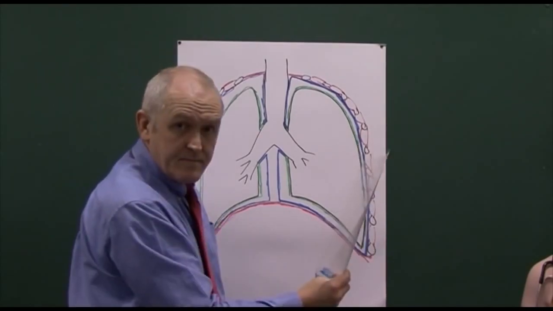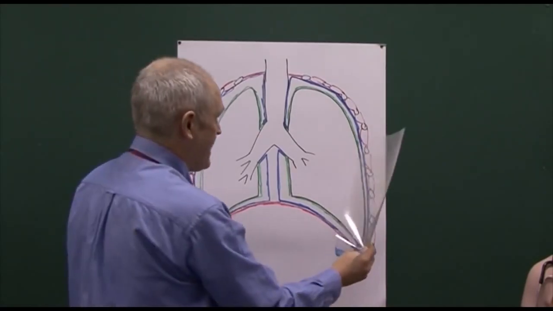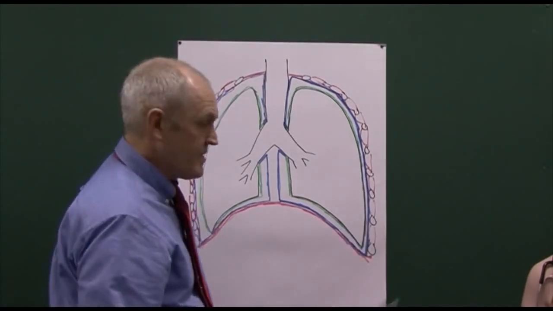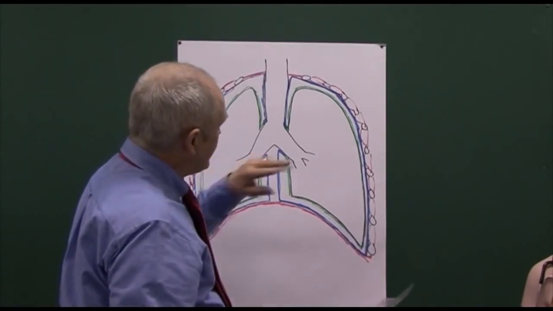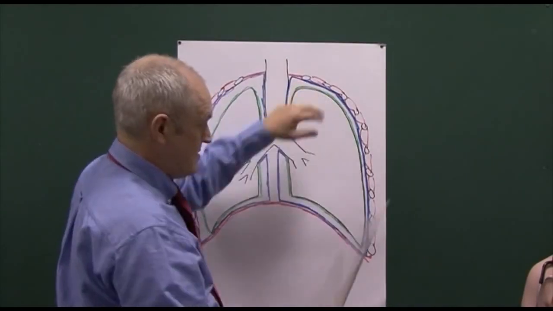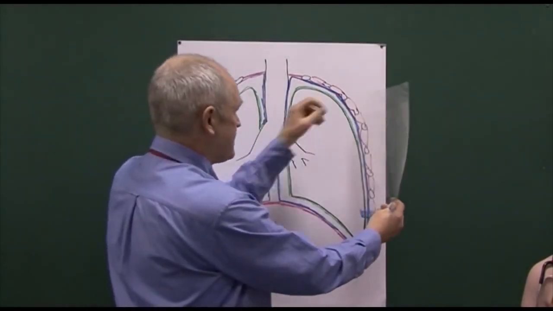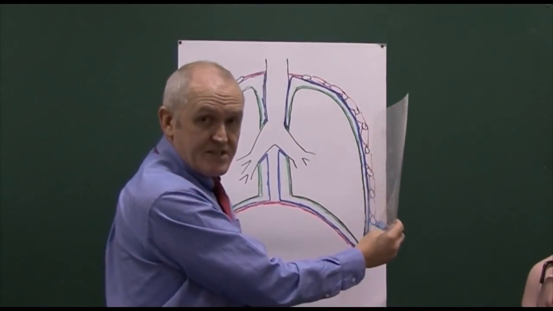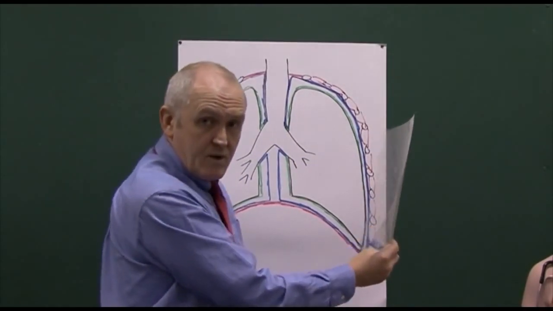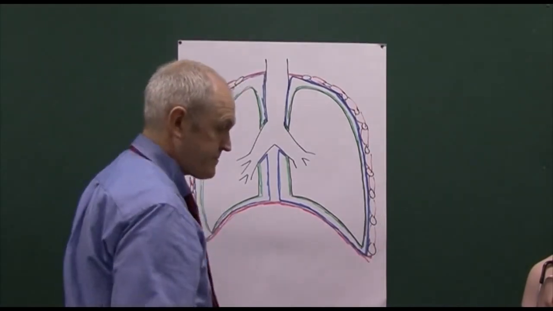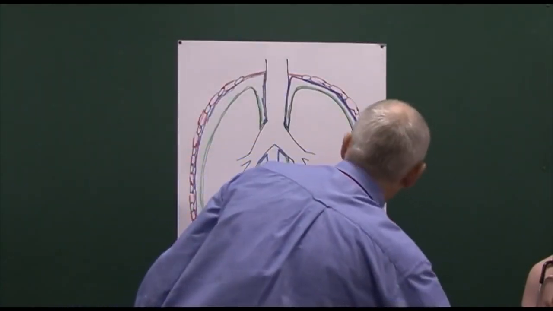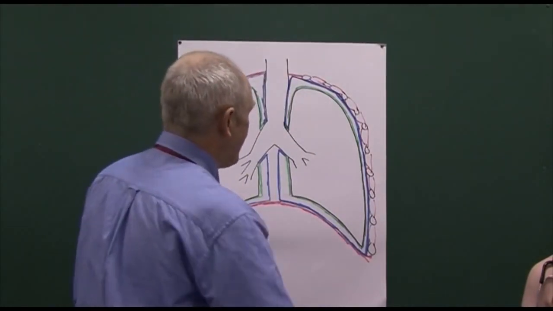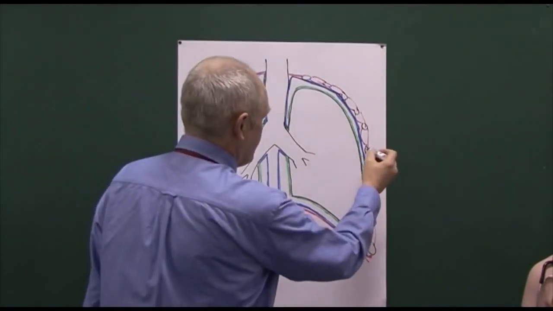So that's fine. That's what happens normally. But suppose for some reason the potential space between these pleural membranes is converted into an actual space by the presence of air. Well, let's think about how this could happen. There's several ways. One way is that there could be penetrating chest trauma.